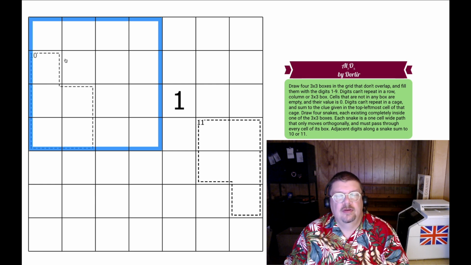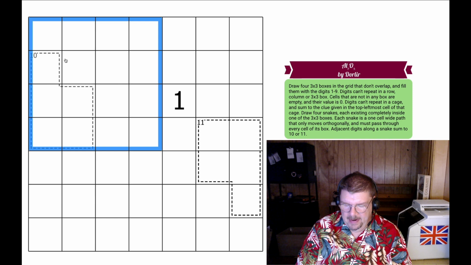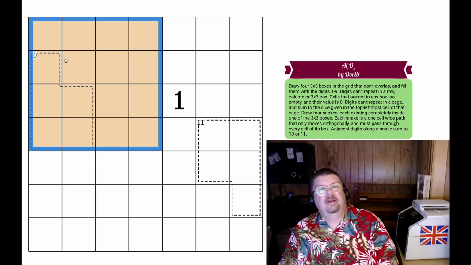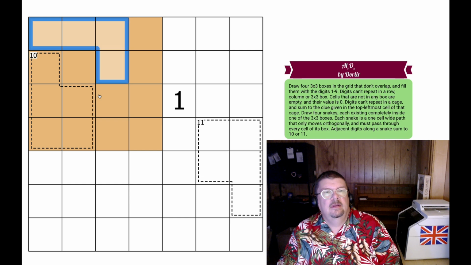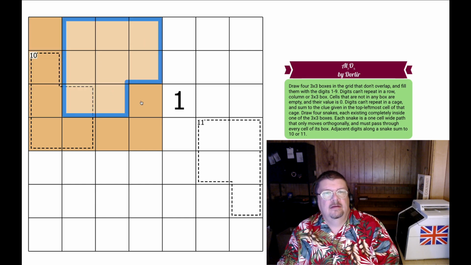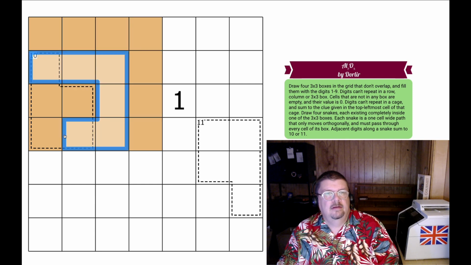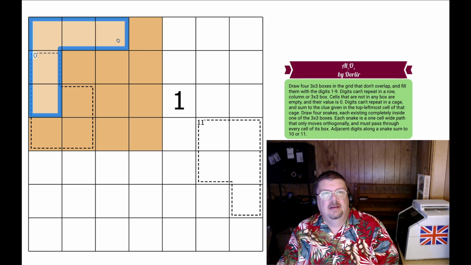And this is going to be the boundary that the top left box can make. So I've got four options, one here, one here, one here, and one here. And these four cells are in each of those four options.